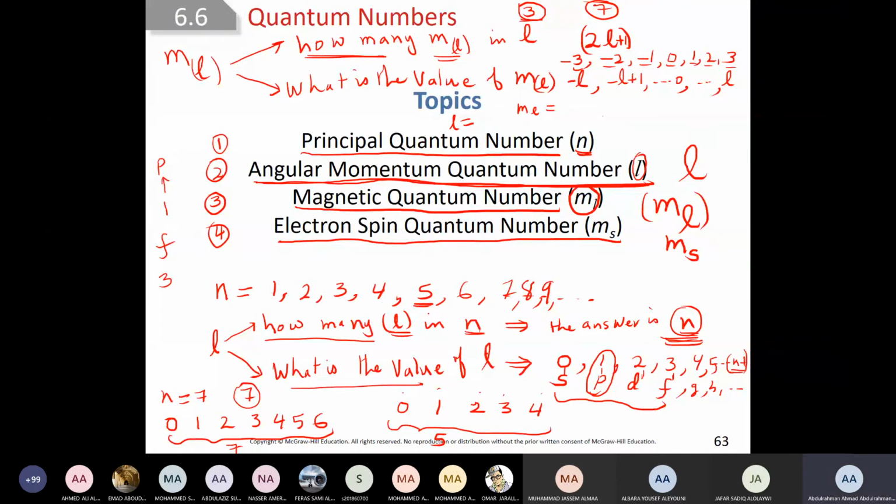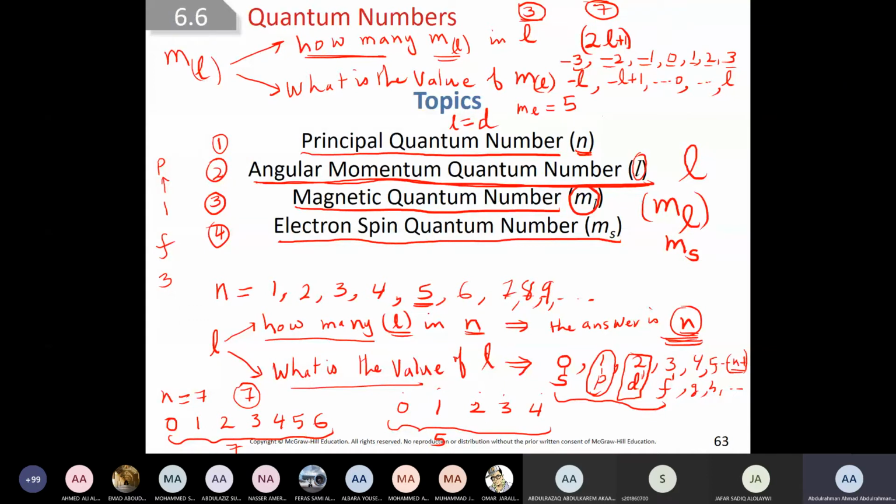Now, if L is D, then how many ml do we have? 5. Yes, 5, because D is 2, so 2 times 2 plus 1 equals 5.